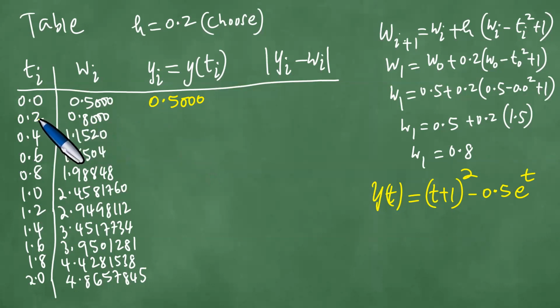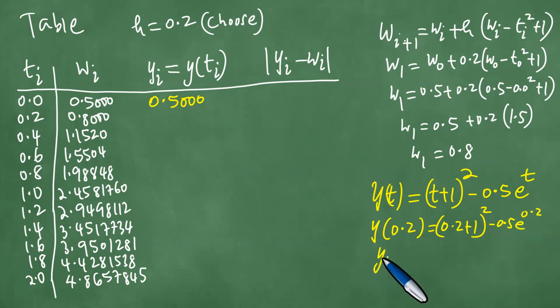Okay, so now let's look at the next one. If you have t1, which is 0.2, so you put 0.2, it's going to be (0.2 plus 1) squared. Okay, let me just write some of the things. So you're going to have 0.2 plus 1, squared, minus 0.5 e to the 0.2. Obviously, you're going to use a calculator for this.